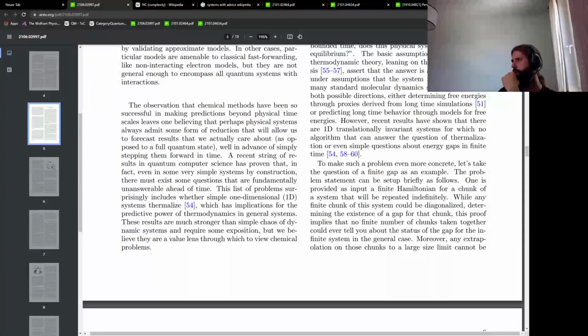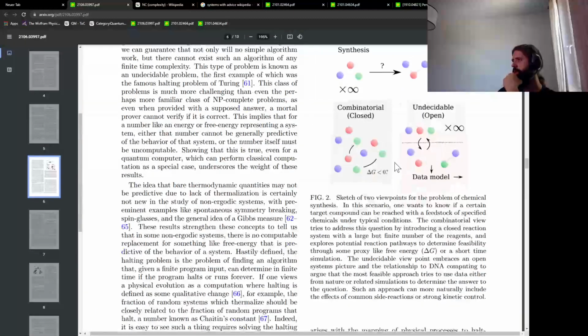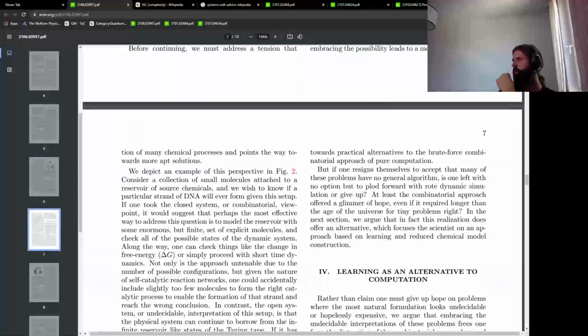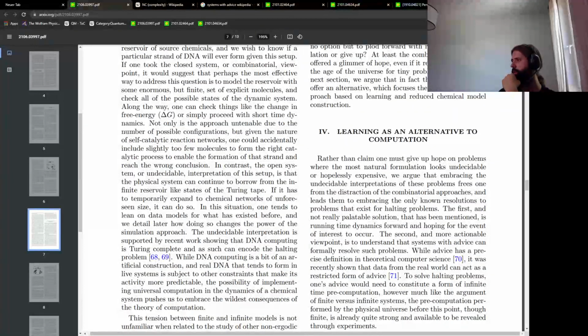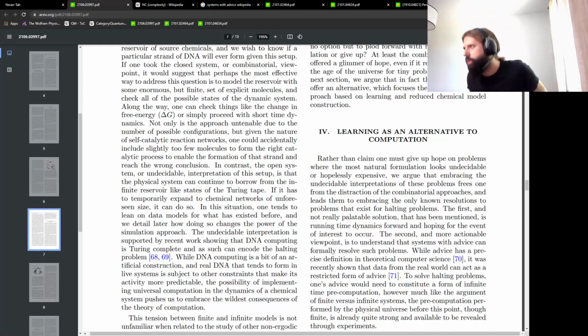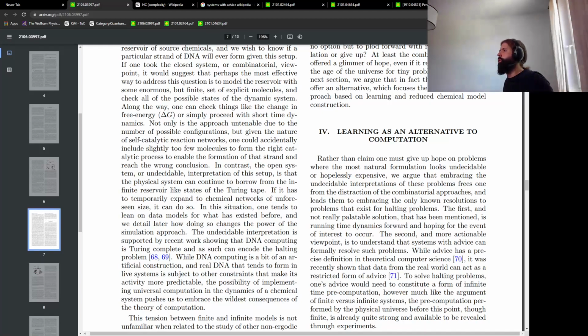What bothers me a little bit is the example here with the synthesizing stuff. But the gist of the idea is learning as an alternative to computation.